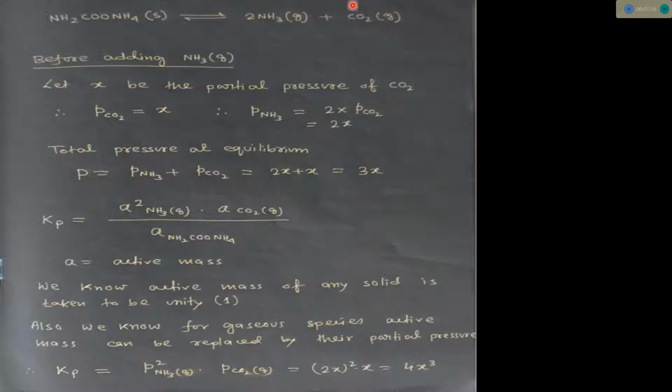So the gaseous species are 2. Among these two gaseous species, 1 mole of CO2 is present and 2 moles of NH3 are present.